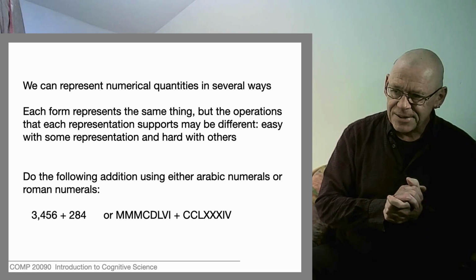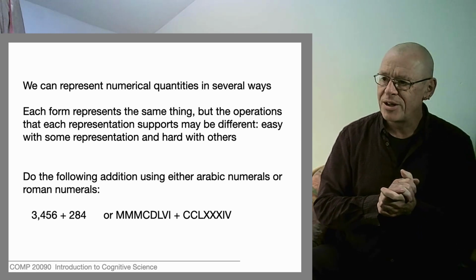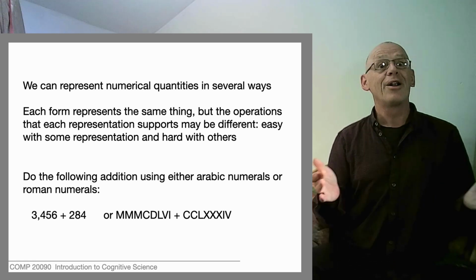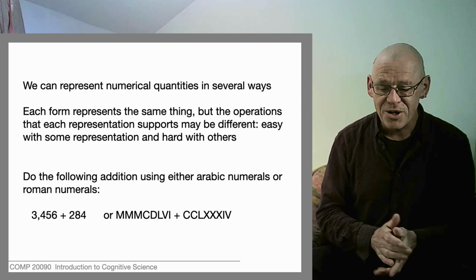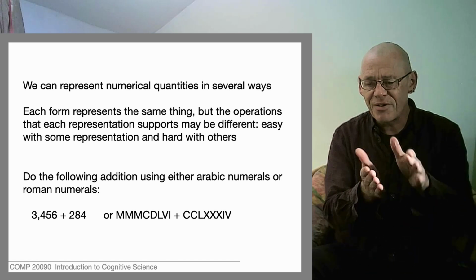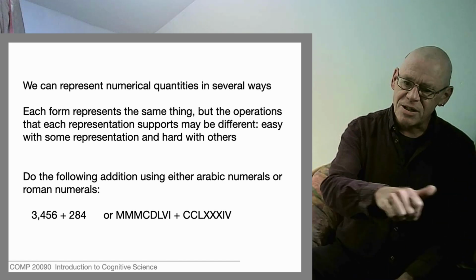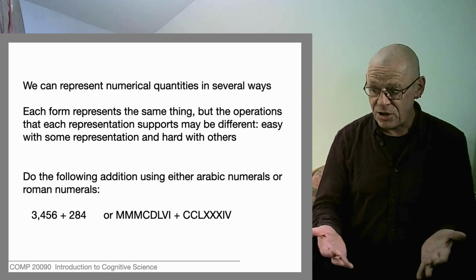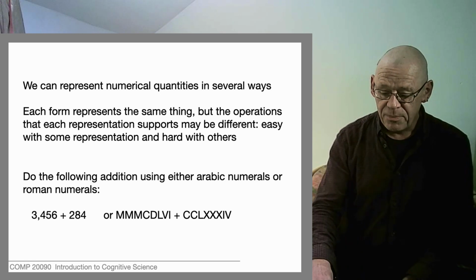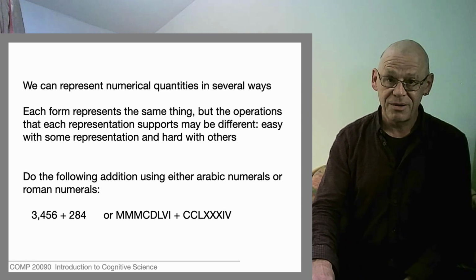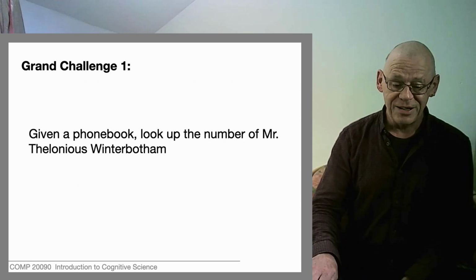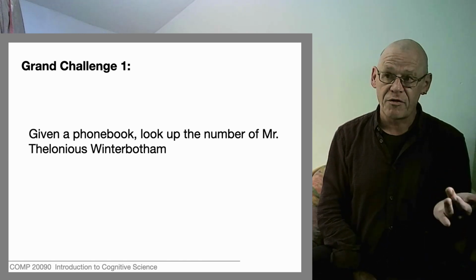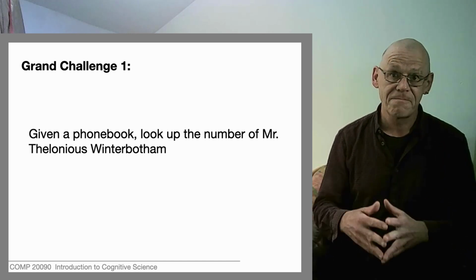Now, I hope you are familiar with the idea of a phone book. They're very much out of fashion now, but all my life up until quite recently, every year you got a great big stonking book delivered to the door, and in there was a list of all the phone numbers, these are the landline numbers, of people who lived in your city. So if we had such a book, I'm hoping you're familiar with the idea, if I give you that phone book, it contains or represents a lot of information about people and numbers.